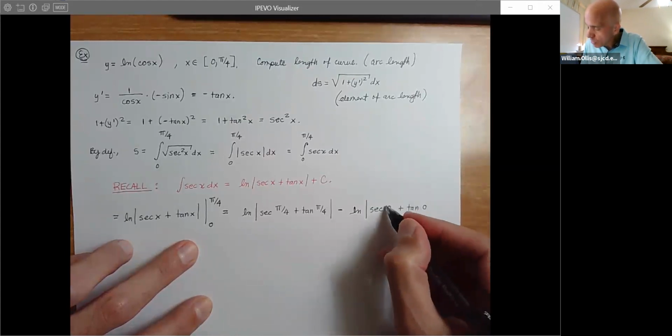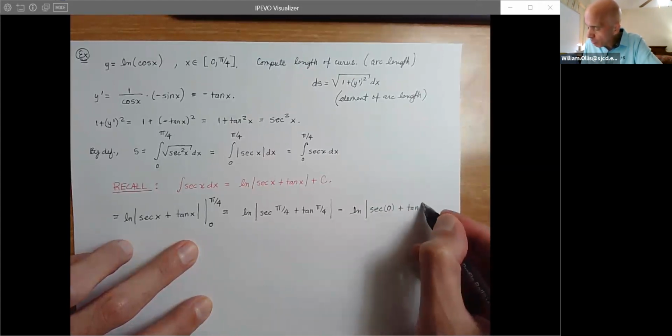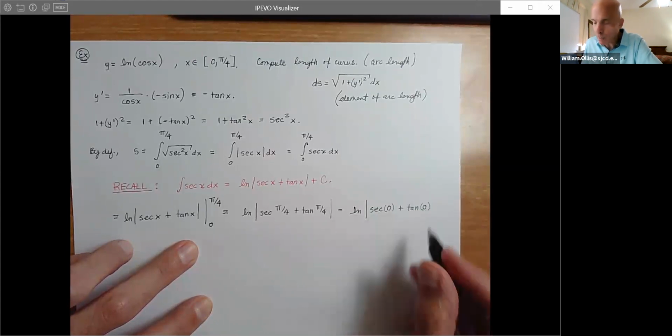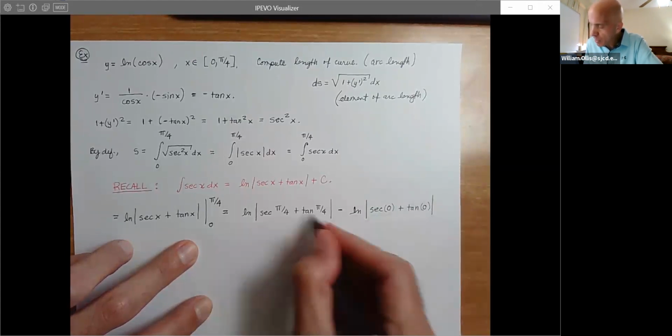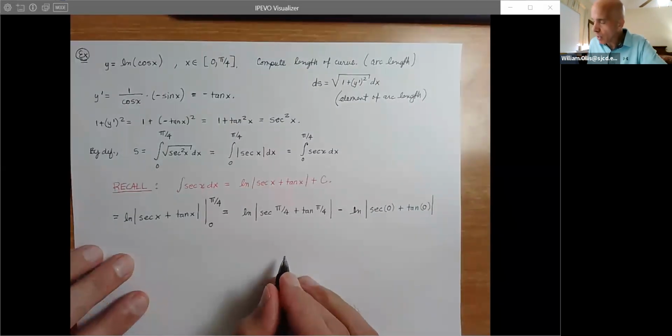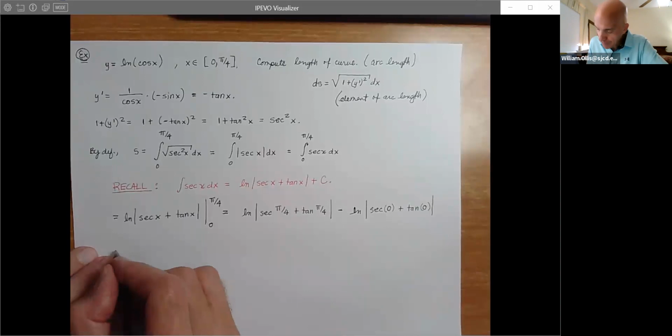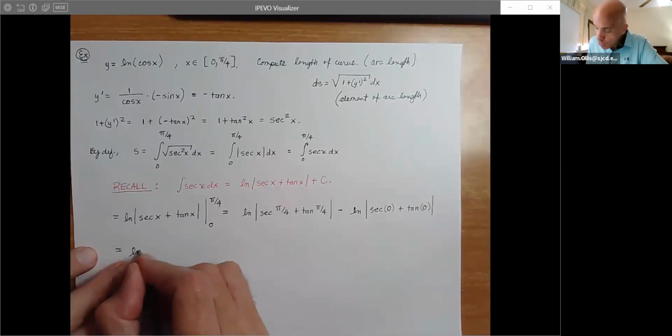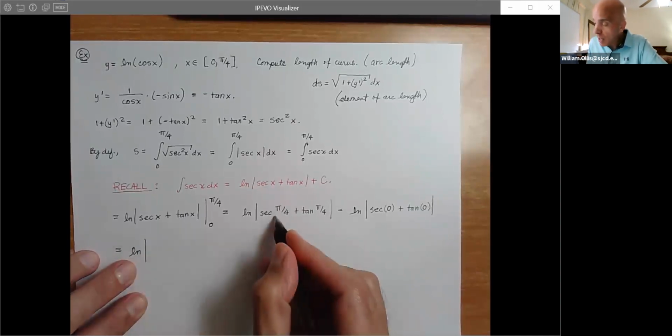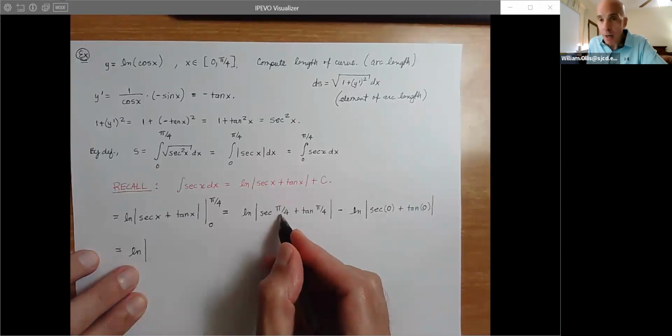Now, the zeros look a little bit awkward there. I don't want you to think I'm writing an O or something, so I'll go ahead and put that in, but here it's clear. The pi over 4s have a little bit more presence than the 0 does. Okay, so we have natural log. Now, of course, secant of pi over 4, that's going to be the reciprocal of the cosine.